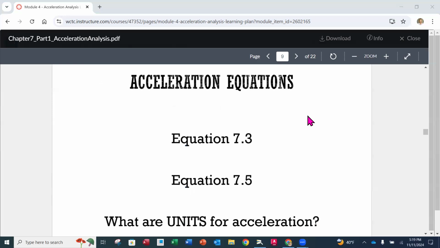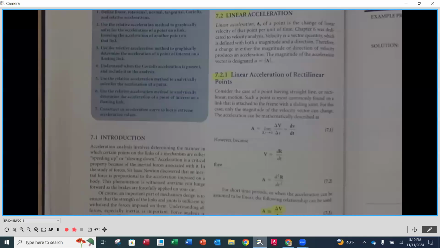Now, there's a couple of equations on acceleration, and again, these should be familiar to you. We're going to be looking at equation 7.3, which is at the bottom of page 170, and equation 7.5, which is at the top of page 171. So we'll look at 7.3 first.